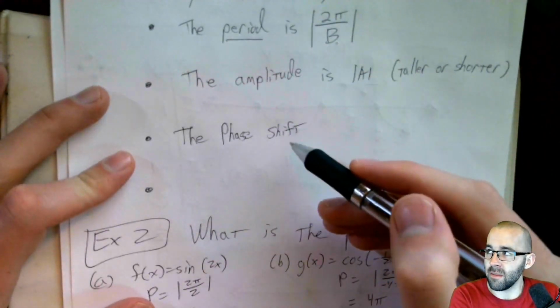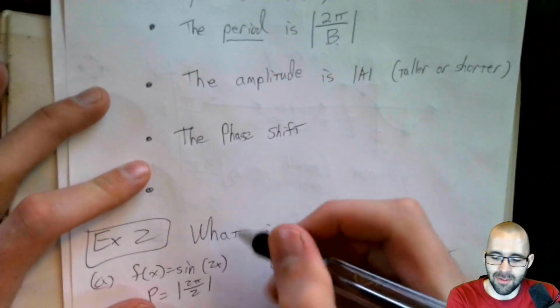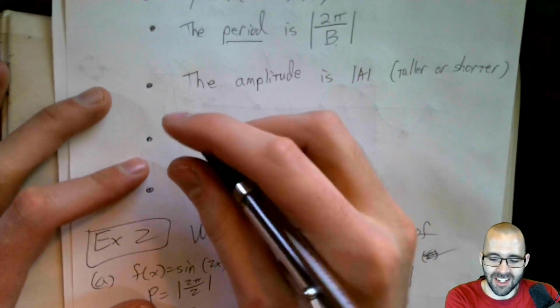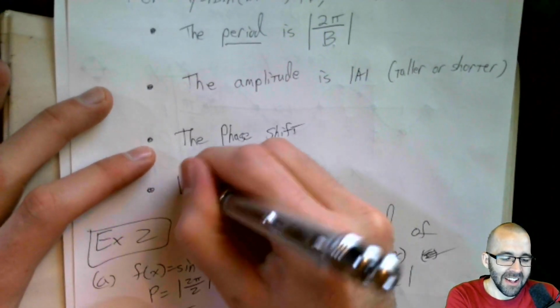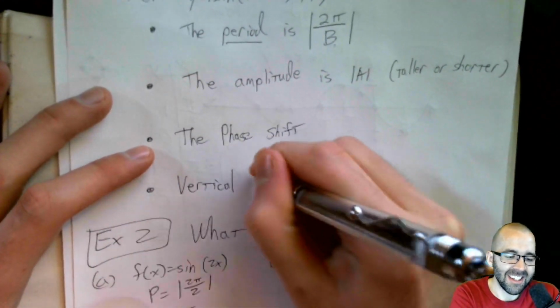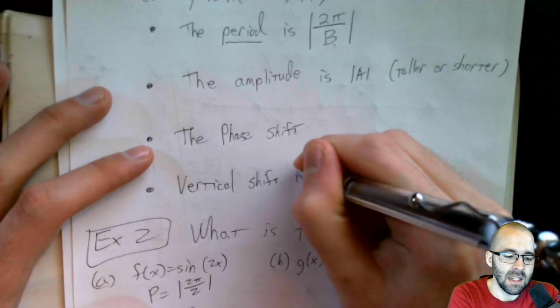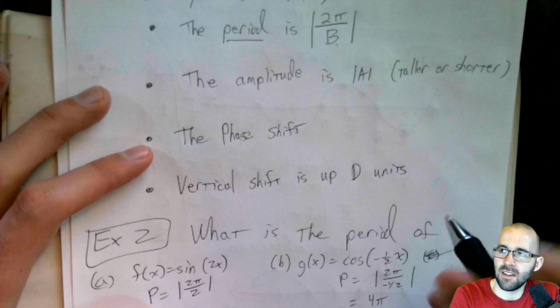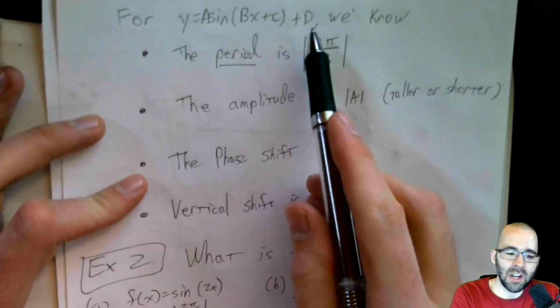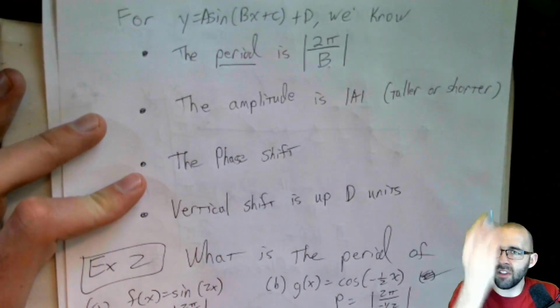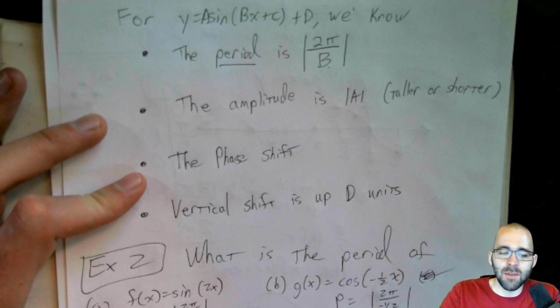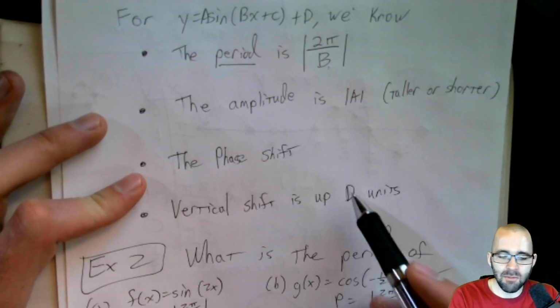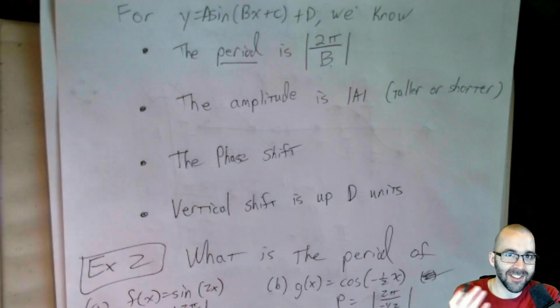Out of all three of them, let's skip that for now, okay? The vertical shift is up d units. So if we add a 5, it moves the whole thing up 5. If we subtract a 5, it moves the whole thing down 5. Most people are really good with D. So that's a little warm up.